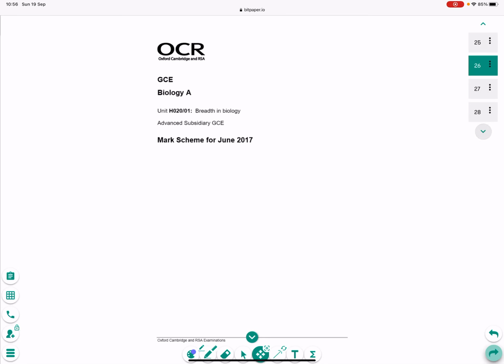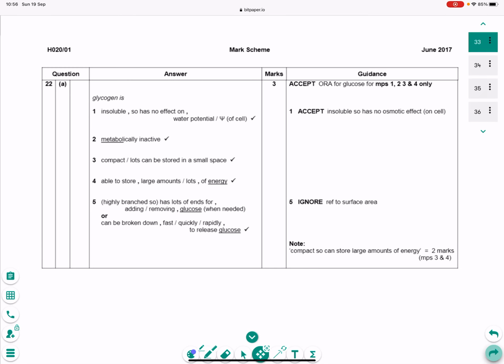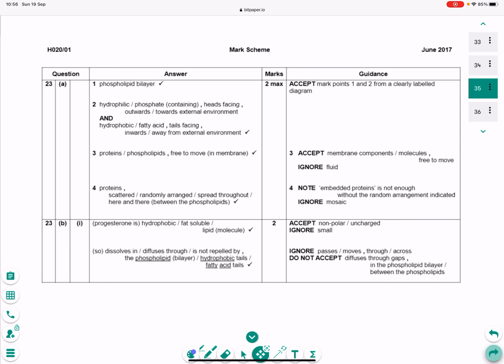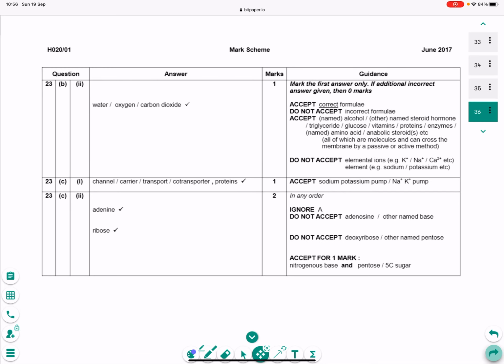That's a silly question. Water. Carbon dioxide they get. What do they say here? Alcohol does. Vitamins.